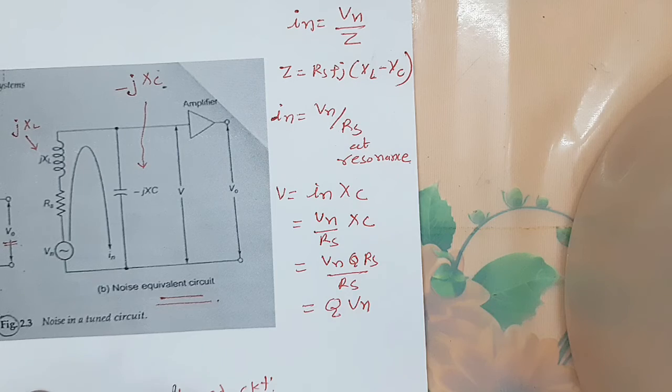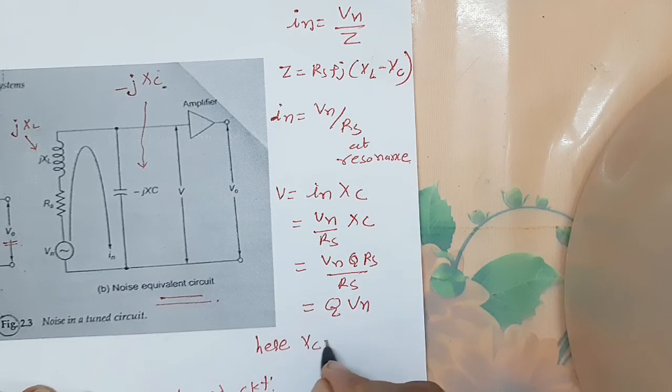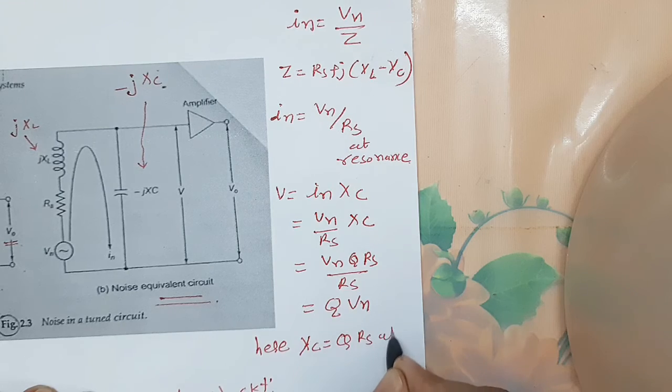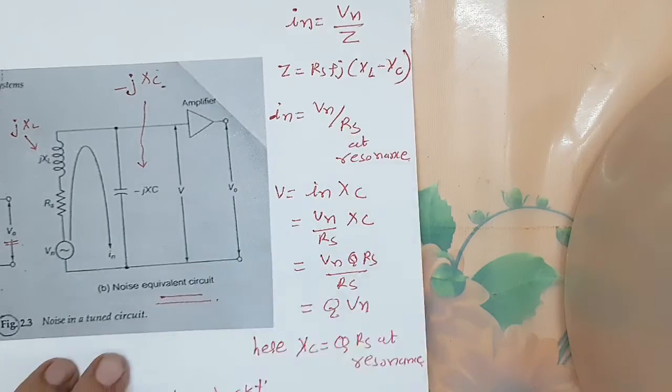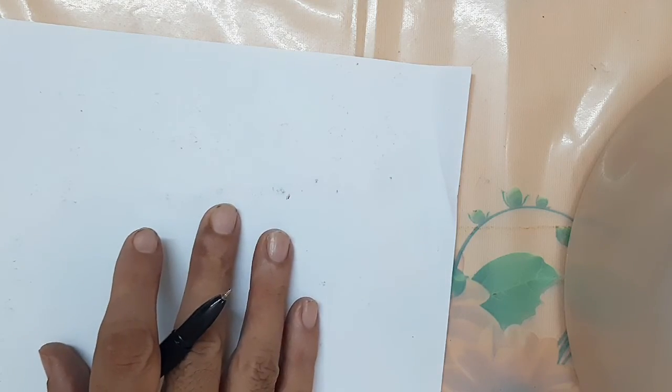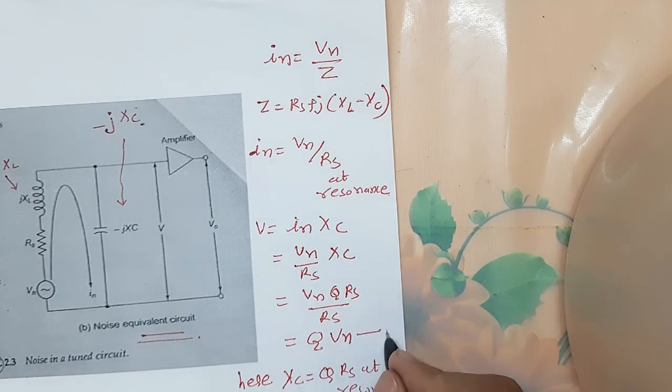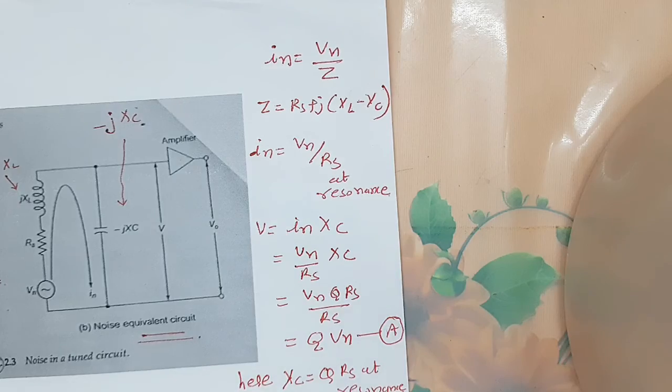Here XC is equal to Q Rs at resonance. This is our equation 2.7, our equation A.